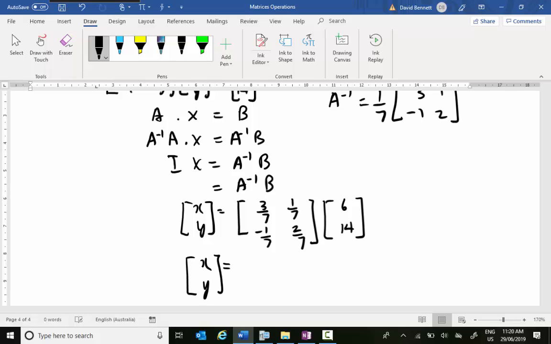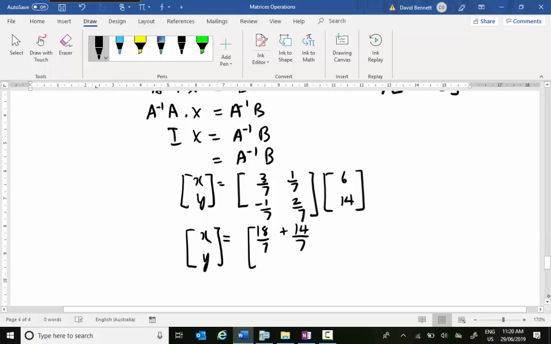And so therefore 3 times by 6 is going to give me 18 on 7. 1 times by 14 is going to give me plus 14 on 7. And then over here, we've got -1 times 6 is going to be -6 on 7. And 2 times by 14 is going to be 28 on 7.